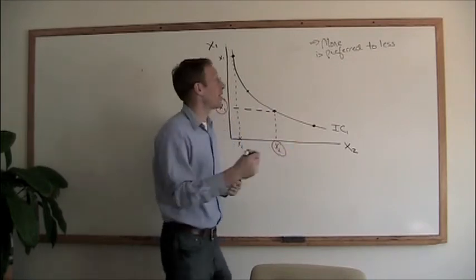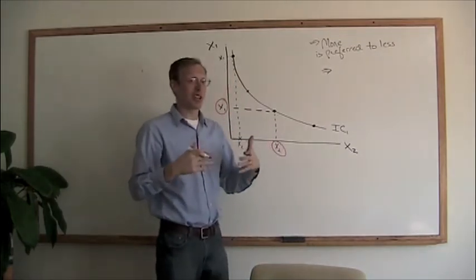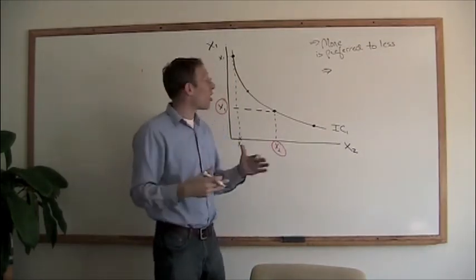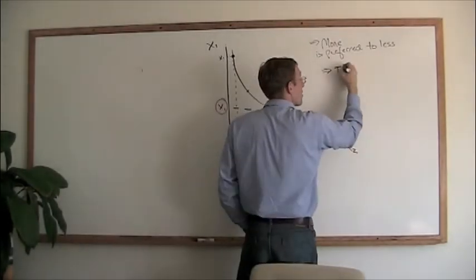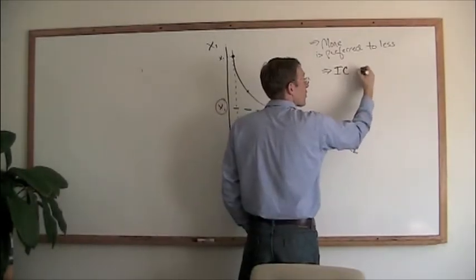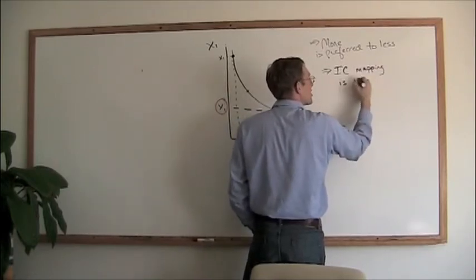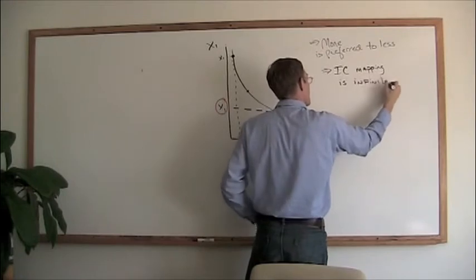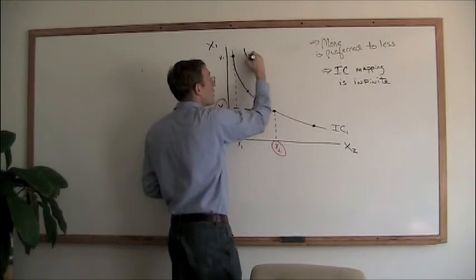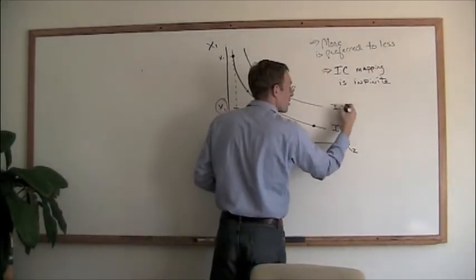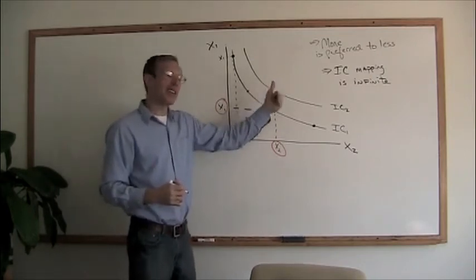Which gets us to our second assumption about indifference curves, and that is that indifference curves basically go on forever. There are an infinite number of indifference curves. So the indifference curve mapping, we can just say, is infinite. I've got indifference curve 1 here, but I can easily draw indifference curve 2 right here, and that would be a preferred indifference curve.